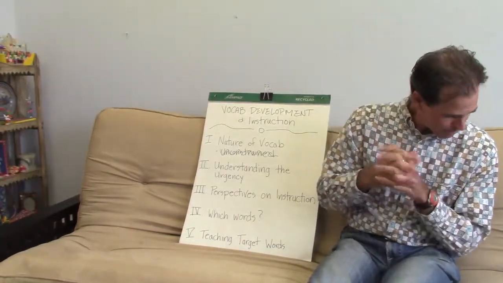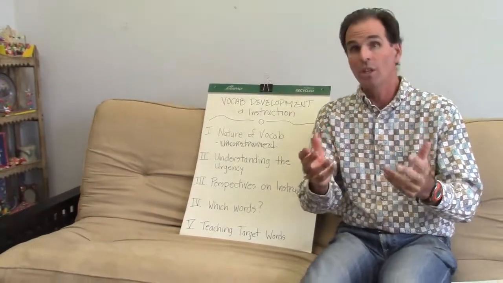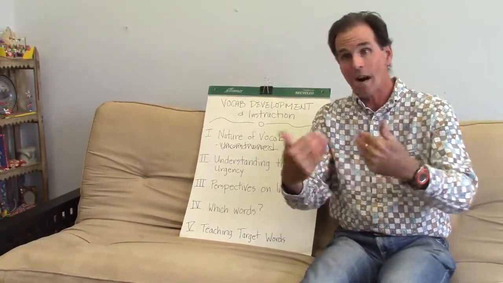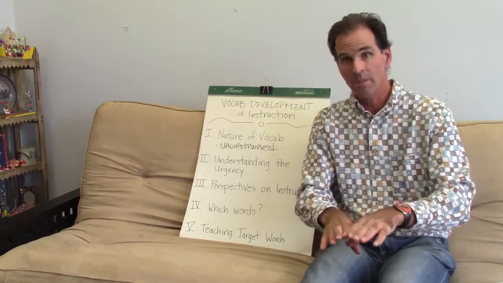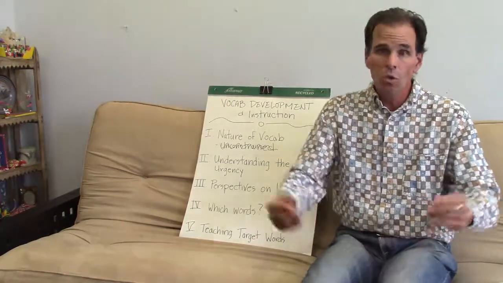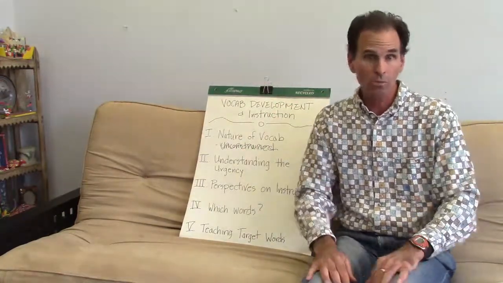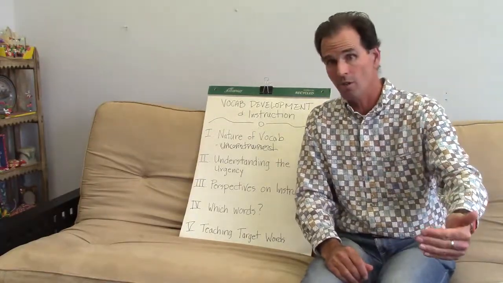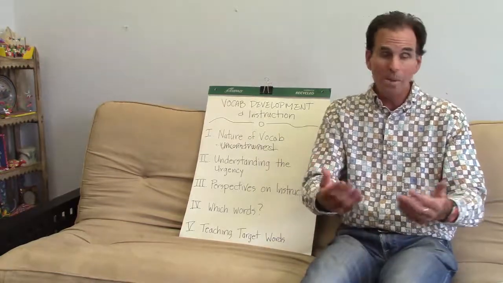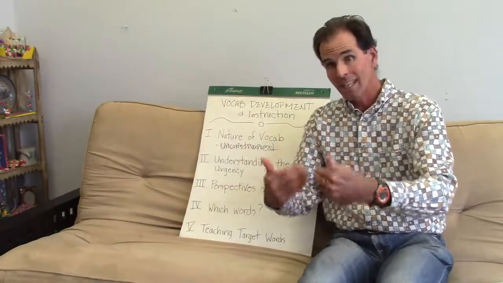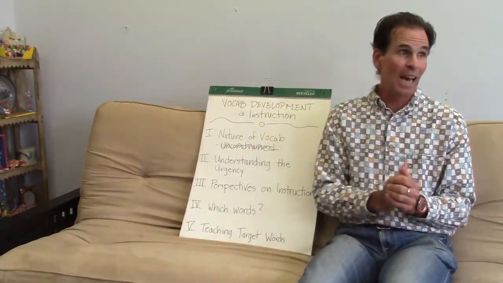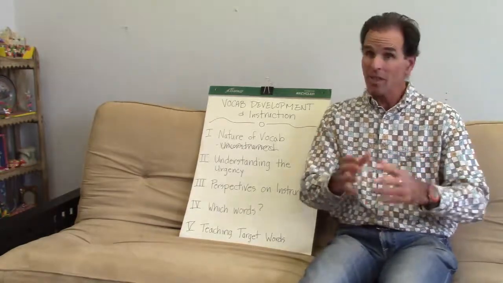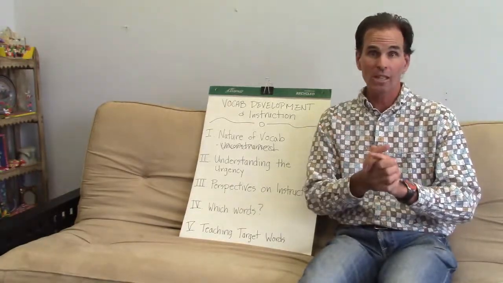Okay, so if kids are learning a lot more words than we're teaching them, where is that coming from? Well, obviously they're inferring words through lots of context in their everyday life, and certainly through their reading. What we know about learning words in the context of reading is that optimistically it happens about 5% of the time.